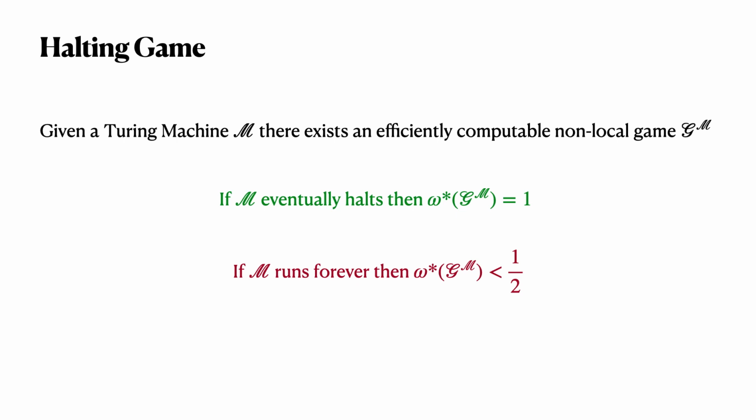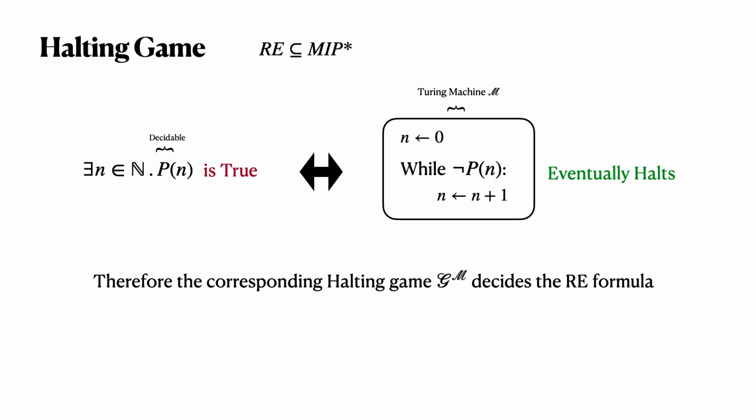So in a sense, this game decides the halting problem. Now, this halting game proves the result RE is contained in MIP star. Let's see why.